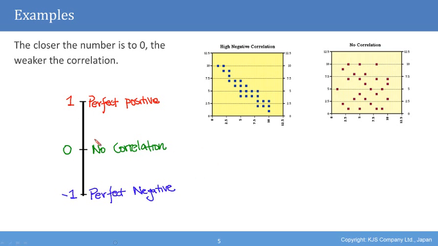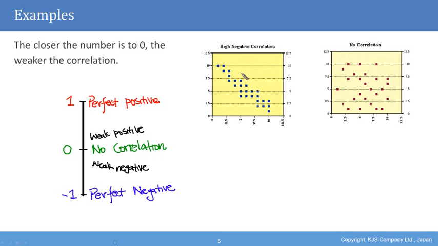That means, as you can probably imagine, somewhere over here would be weak positive correlation, and we have weak negative correlation. And so as you approach 0, the correlation gets weaker.